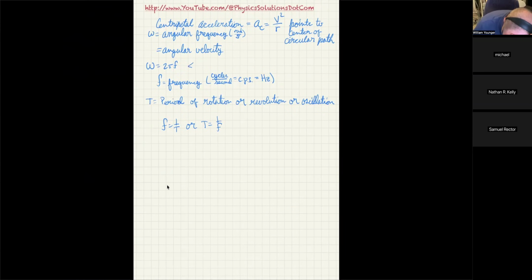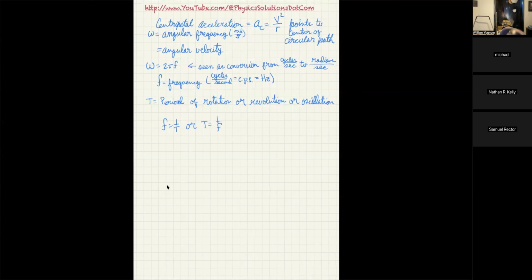And like I said, this can be seen as conversion from cycles per second to radians per second.